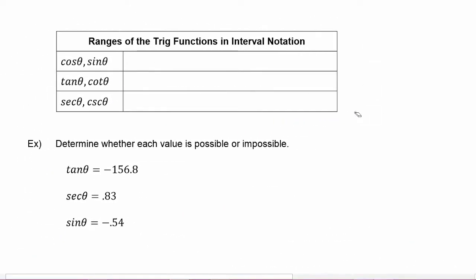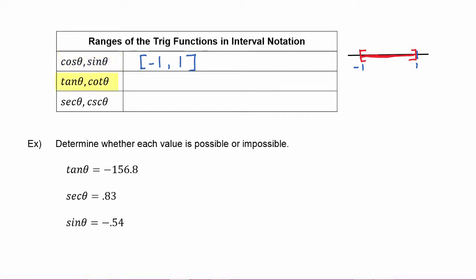Now here we're going to make a summary for the ranges of the trig functions written in interval notation. Now we know that sine and cosine both had a range of -1 to 1. So if you were to think of this on a number line, that would mean the range of values would go from -1 to +1 and nothing outside of that.